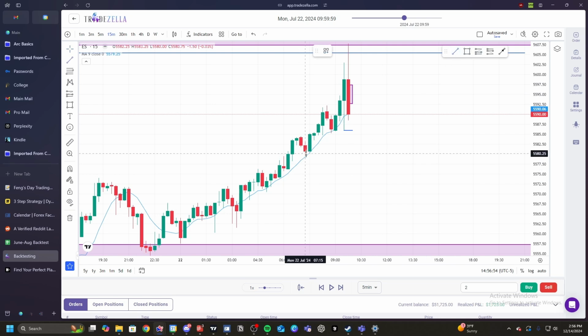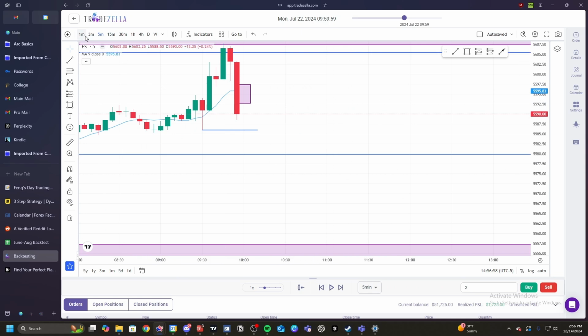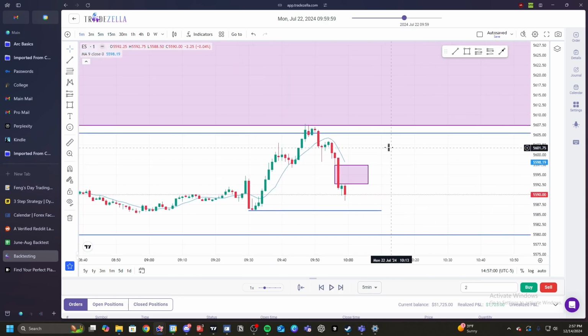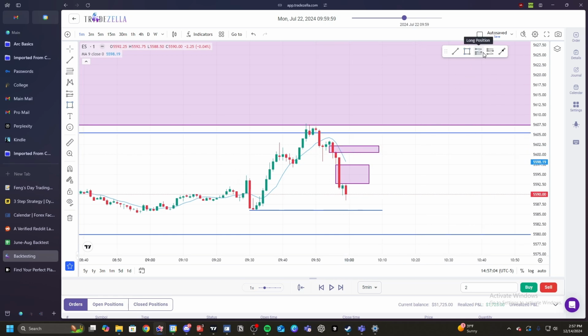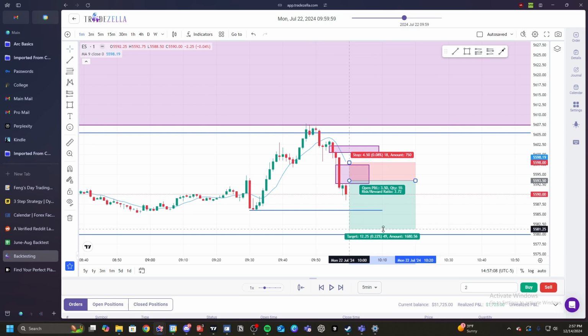Maybe this one, 5580. Alright, yeah, I think we could probably short off of that 1 minute bearish. Something like this.